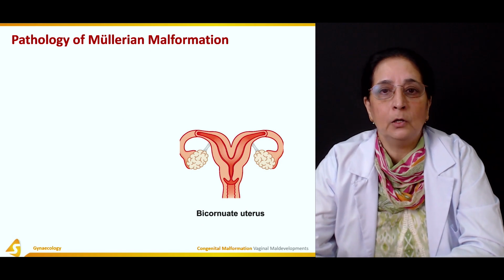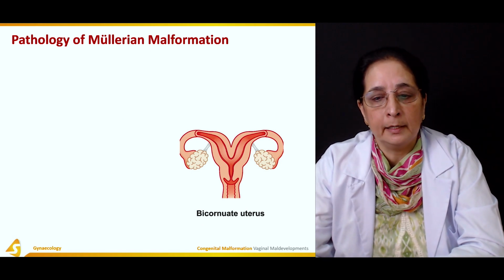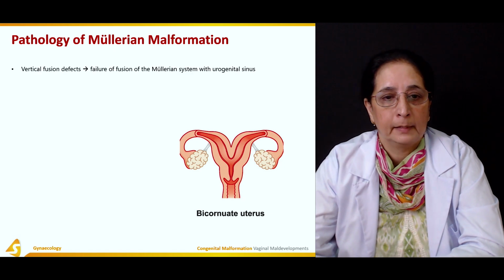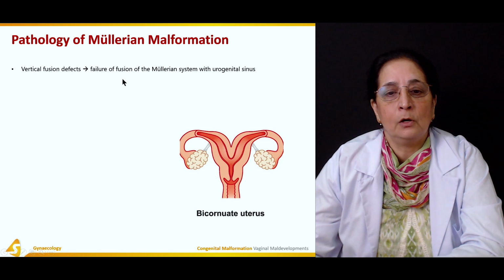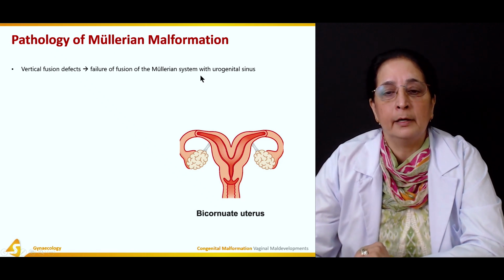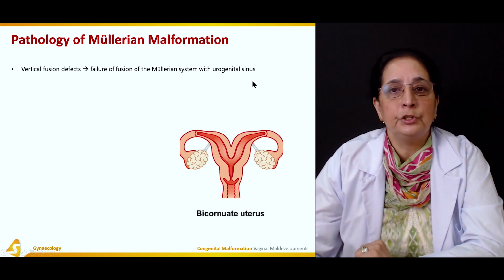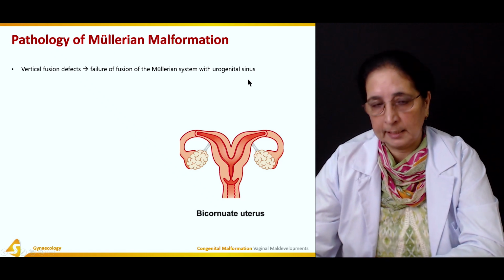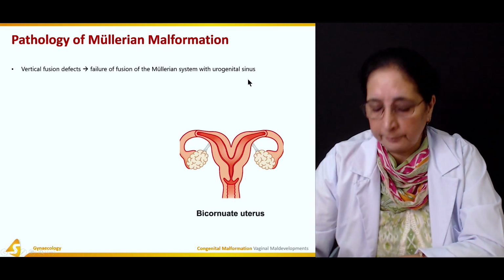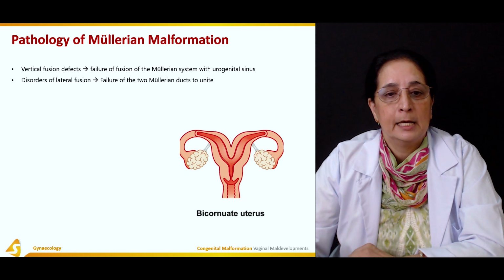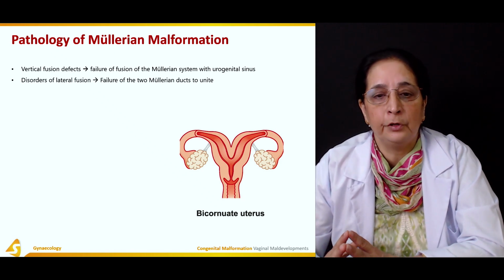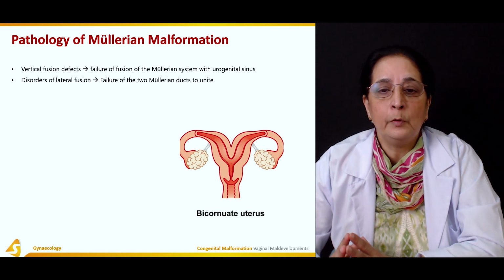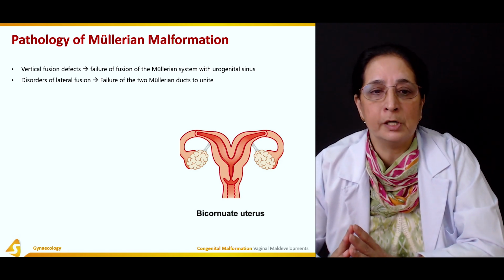Next was the pathology of Mullerian malformation. Vertical fusion defects are due to failure of fusion of the Mullerian system with the urogenital sinus. Disorder of lateral fusion is due to failure of two Mullerian ducts to unite.